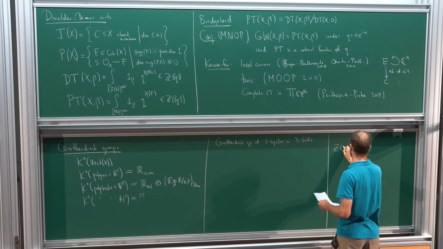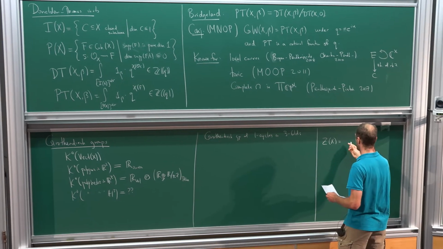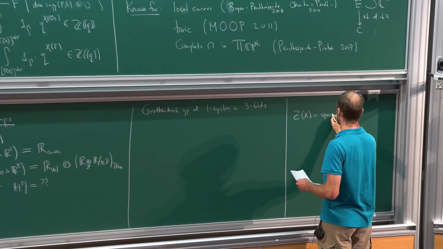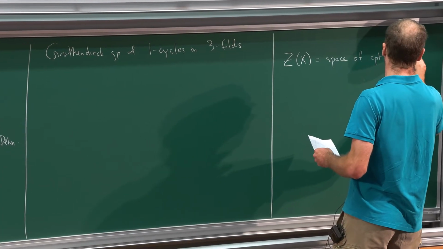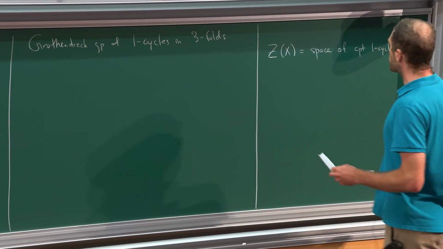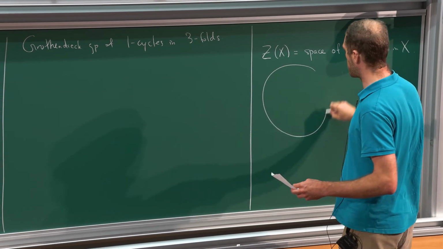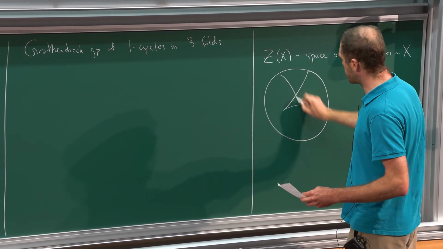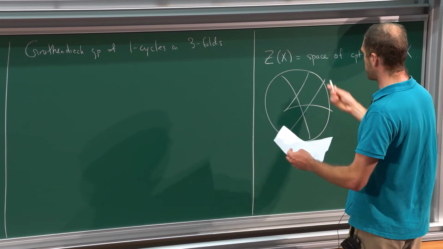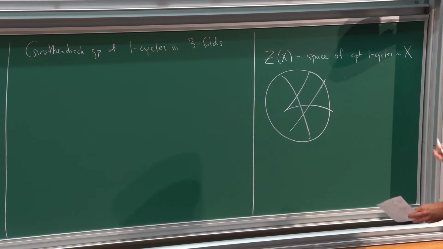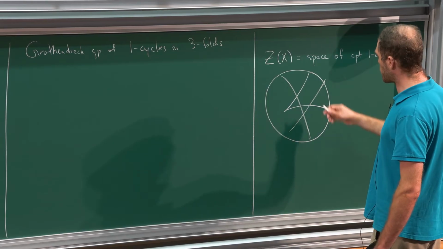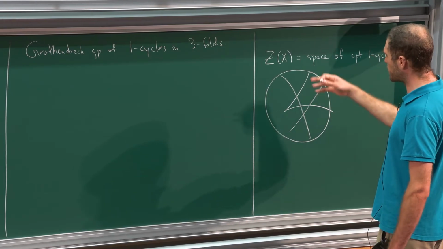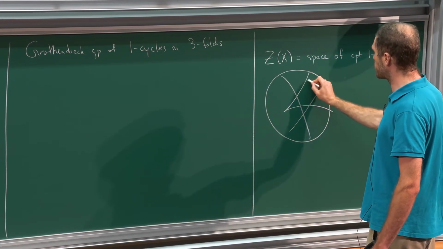So Z of X, this is the space of compact 1 cycles in X. So I'll just define it by a picture. A 1 cycle is some reduced subscheme of pure dimension 1 with a multiplicity assigned to each of its irreducible components.